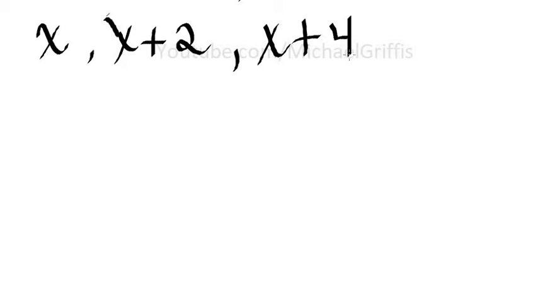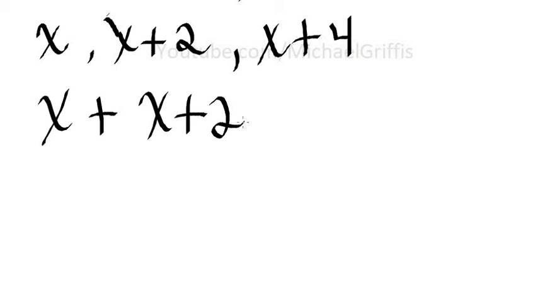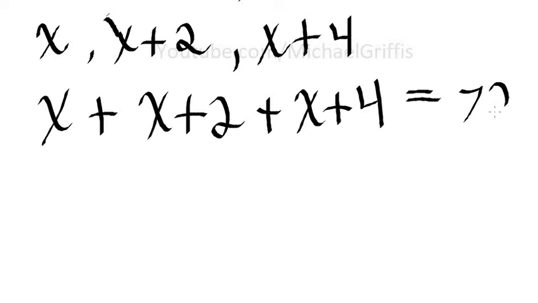Okay, so this works out. So what we want to do now is go ahead and add these up. So we have x plus x plus 2 plus x plus 4, and that's all equal to 72.